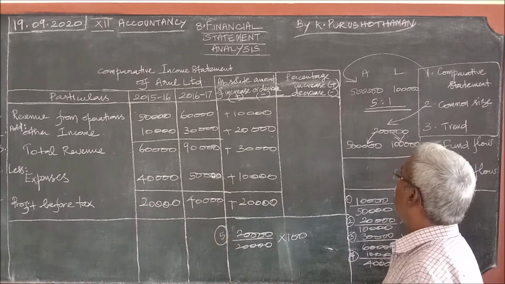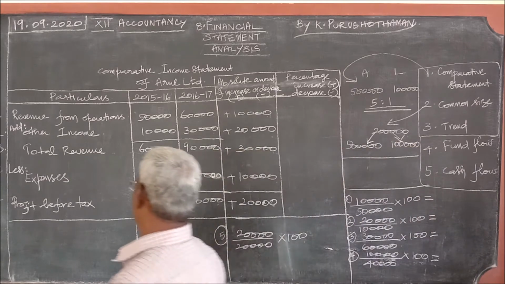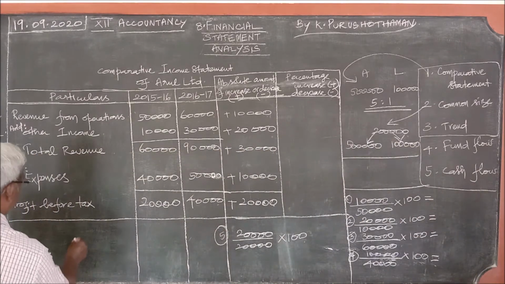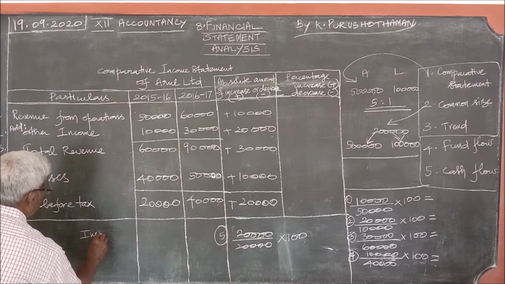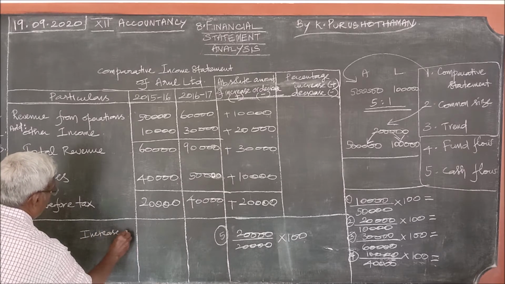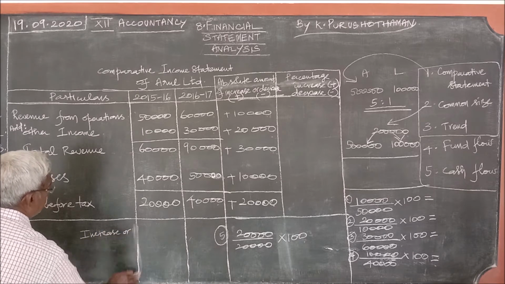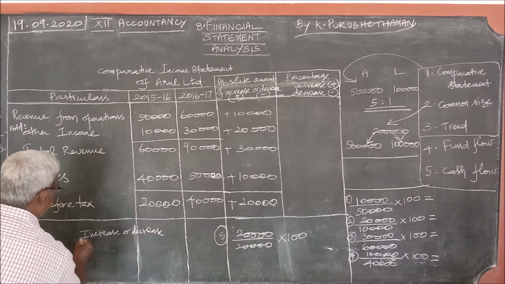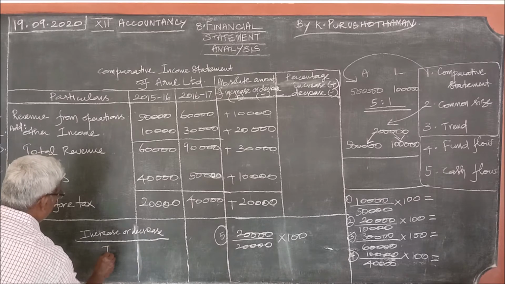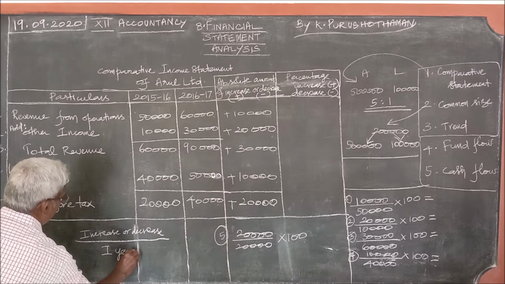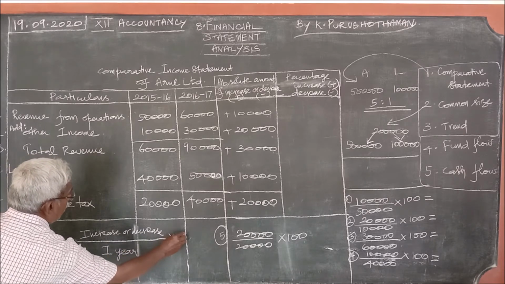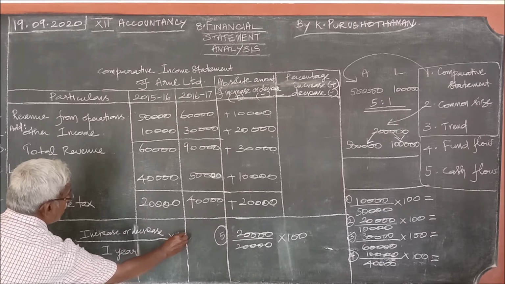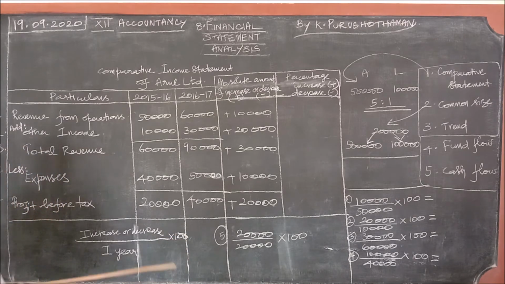So, what formula should you bear in mind for this? Increase or decrease, if it is an increase plus, decrease minus, that's all. Increase or decrease divided by the first year, or the previous year, into 100. This should be the formula you bear in mind.